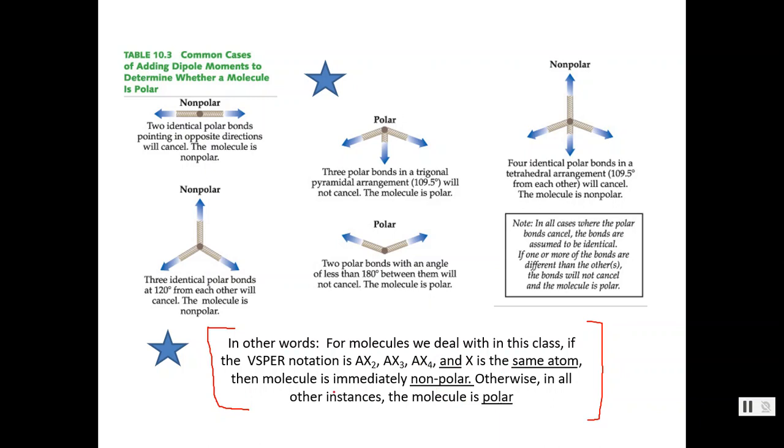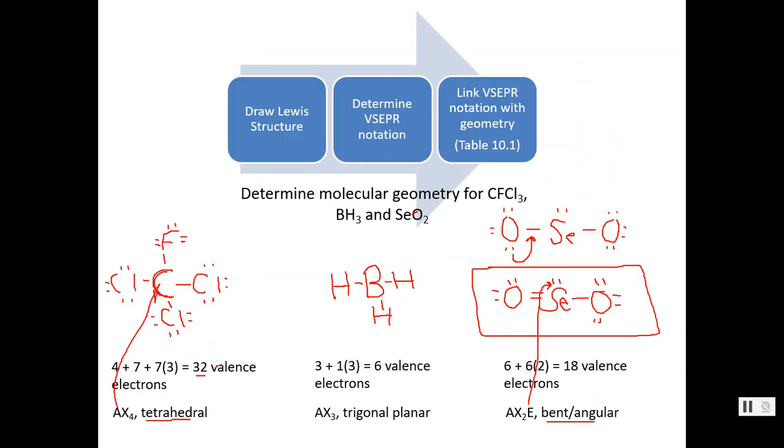Otherwise, in all other instances, so if X is a different atom, or if you have lone pairs of electrons on your central atom, the molecule will be polar. So I highly recommend when doing the Lewis dot structure lab and when taking the Unit 3 exam that you have this slide or at least this rule of thumb available to help you determine if an overall molecule is polar or not.